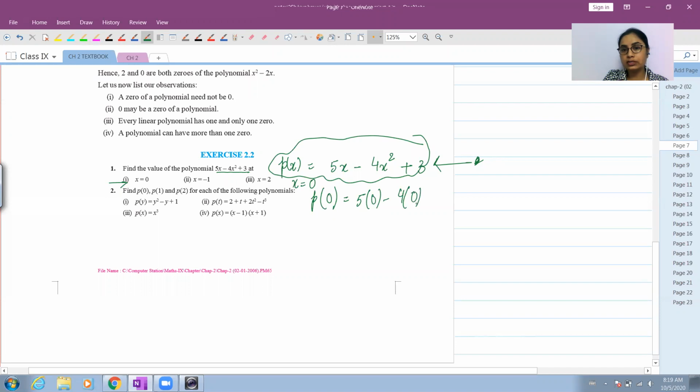And then you're just going to simplify. That's it. Similarly, you have to do for the other two. In the second part, when you put x equals -1, the representation will be p of -1. And then on the right hand side as well, you're going to replace x by -1. And then you have to simplify.